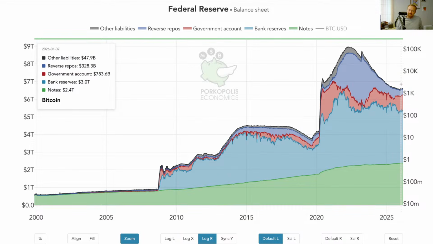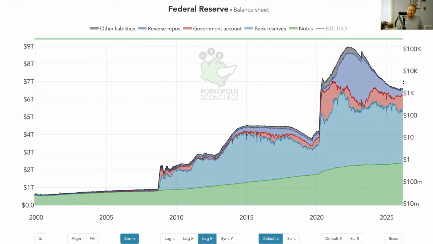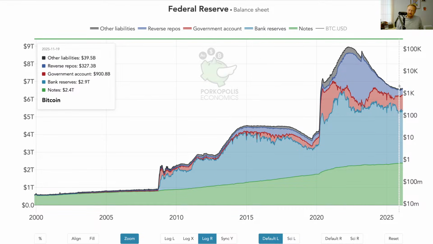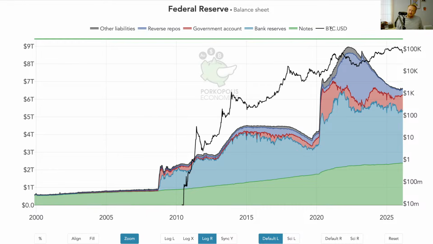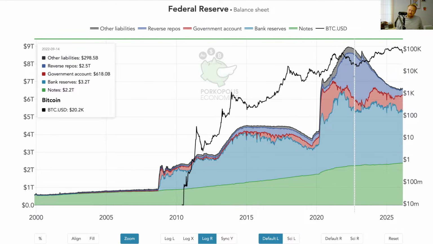But you can see here that the Fed is just starting to inch up. Doesn't mean that Bitcoin always has to go up. Remember, the Federal Reserve went down for the last 4 years. Bitcoin went up. Sometimes they match up. They matched up here.